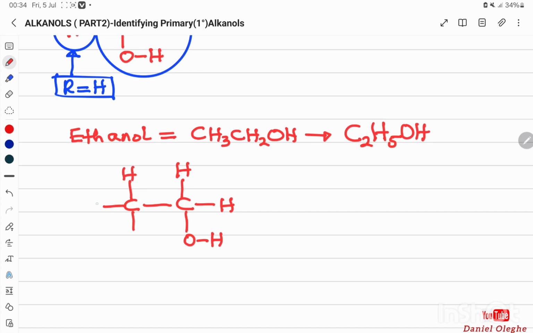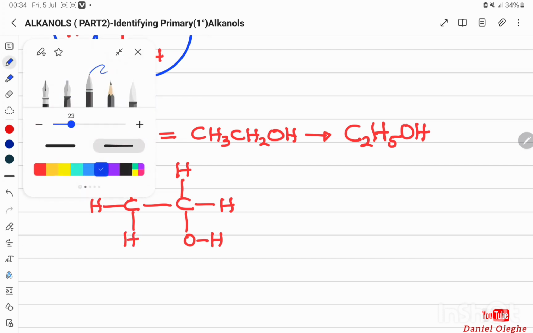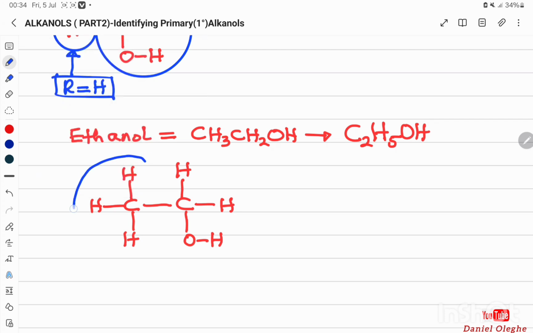Then we have an alkyl group. In ethanol, the alkyl group is a methyl group. That's the alkyl group, and that is a methyl group.